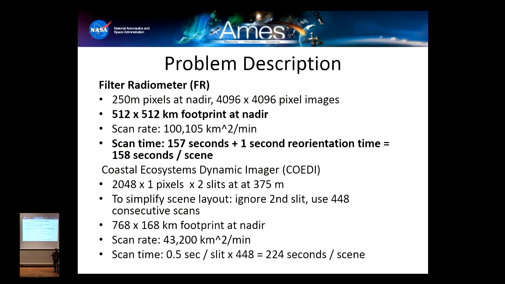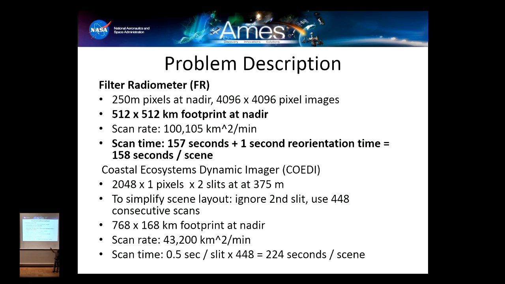We'll see some pictures of that in a minute. But for the most part, what we're interested in here is this first instrument has this great big 512-kilometer square scene that it observes. And the second thing that we care about is how long does it take to acquire the scene. In particular, slew time to redirect the instrument is very, very small in these cases. Time to acquire the scenes is very large, comparatively speaking, so that's the thing that sort of dominates.